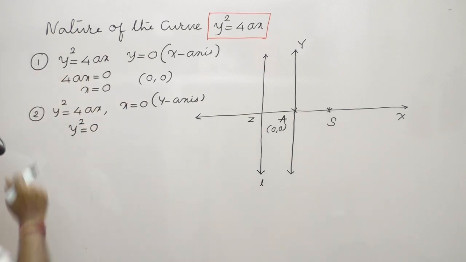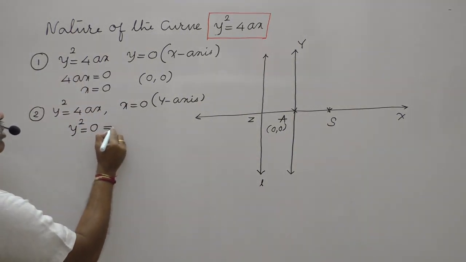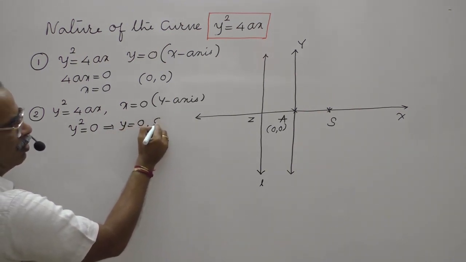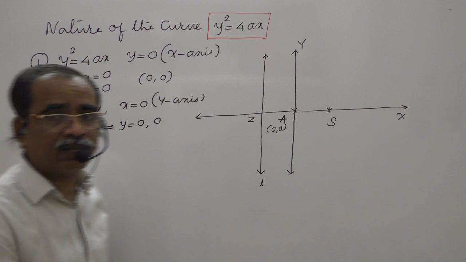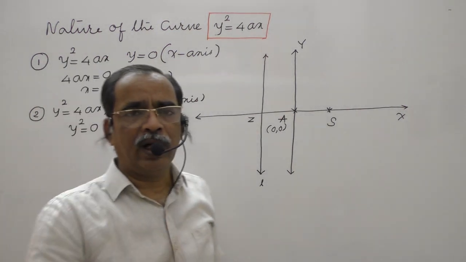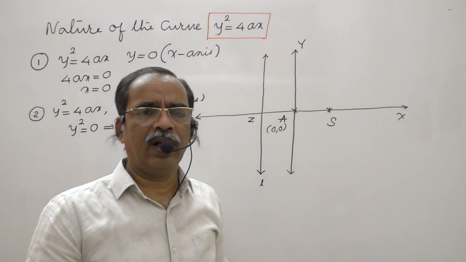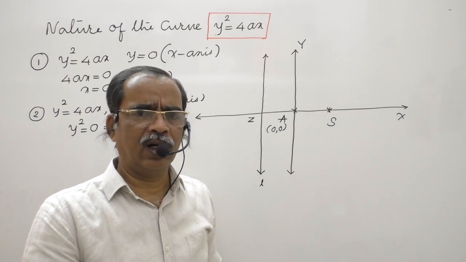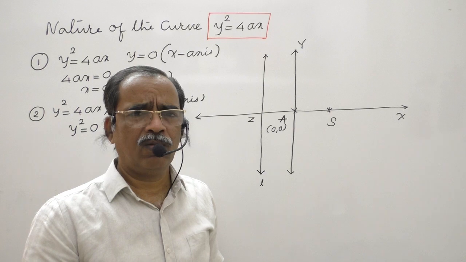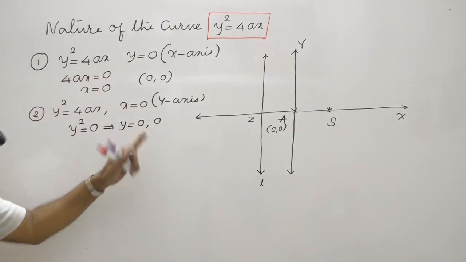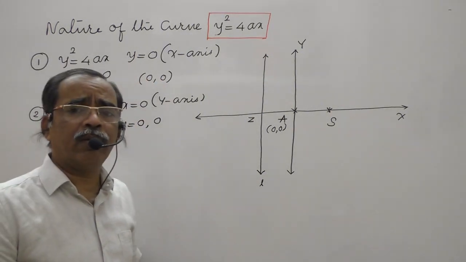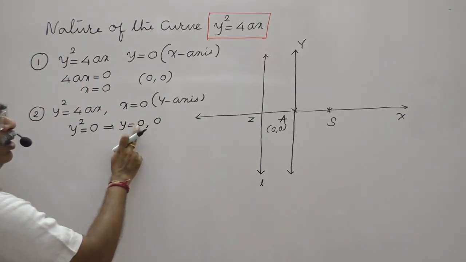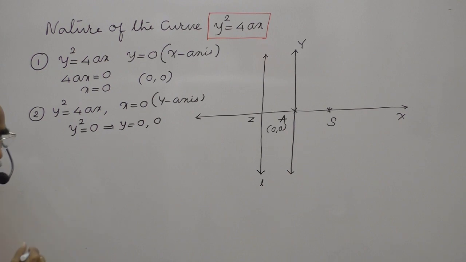So y square equal to 0 means y is equal to 0 and y is equal to 0 twice.